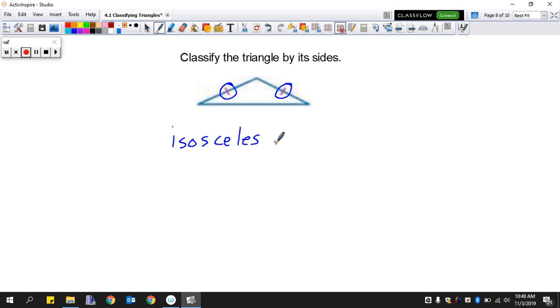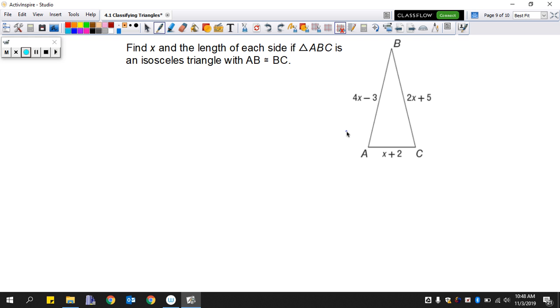Okay, isosceles means that two sides are congruent, or equal to each other, and that AB is congruent to BC. So AB, 4x minus 3, is congruent to 2x plus 5. So it says to find x and the length of each side.